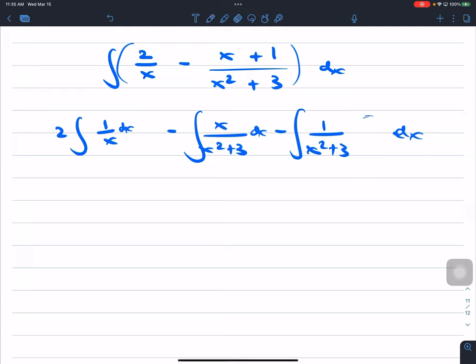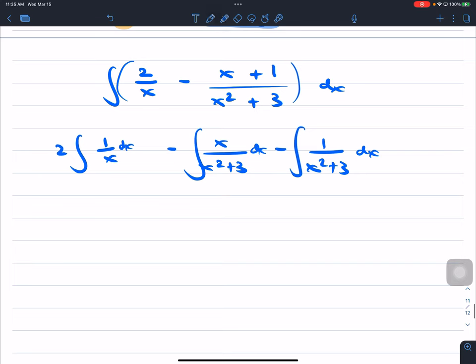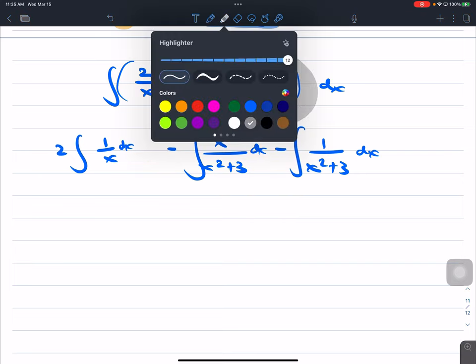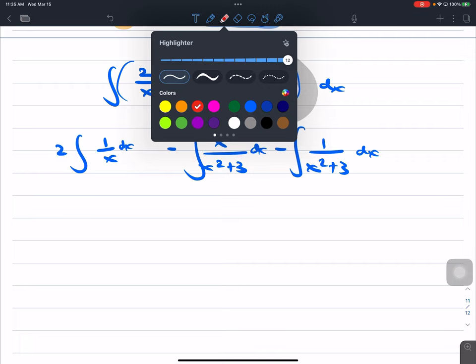Well, it's not going to be plus because you factor out the negative. Right? You factored out that negative here. That negative is at the same level when you factor it out. Okay, and then I make the claim you guys can integrate all of these here.